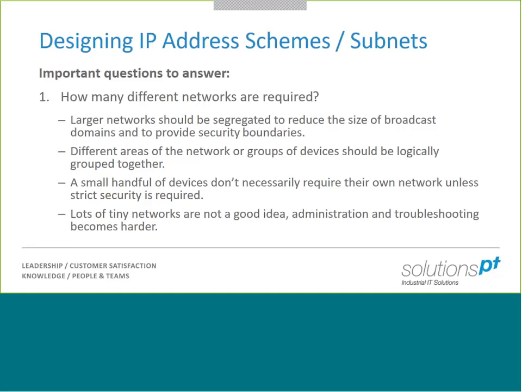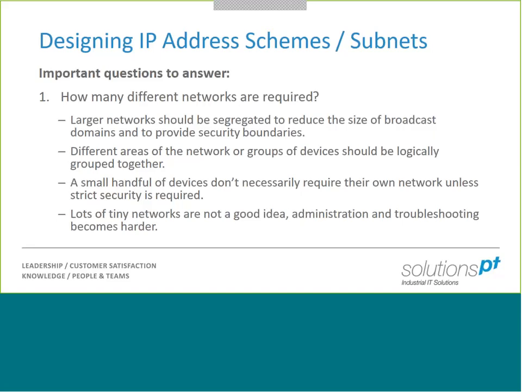So really the goal of creating different subnets on your network is to add some segregation and security boundaries, and also to reduce the size of the broadcast domains. IP Ethernet works on the principle of broadcast traffic, which allows us to learn MAC addresses from IP addresses.